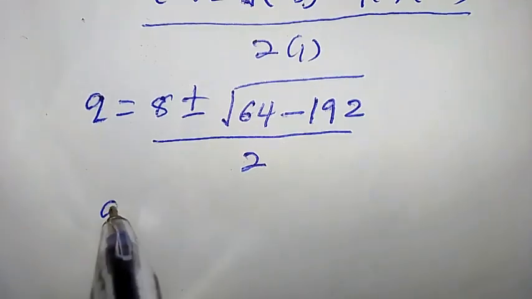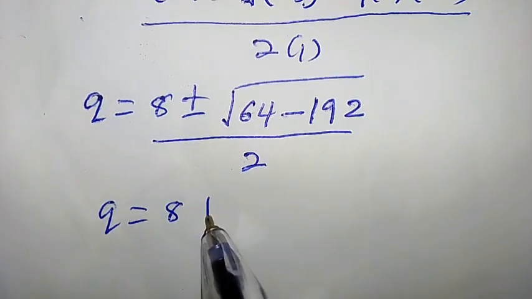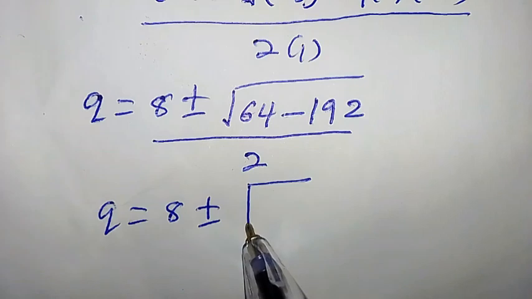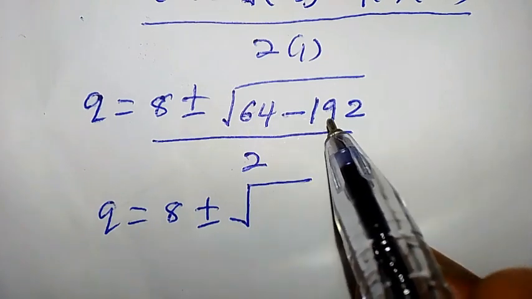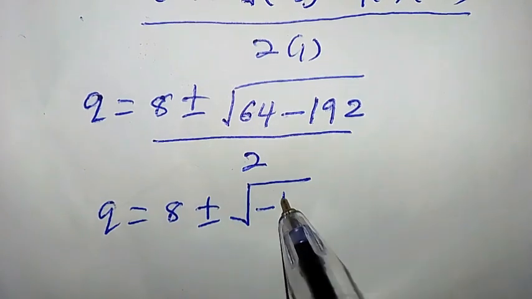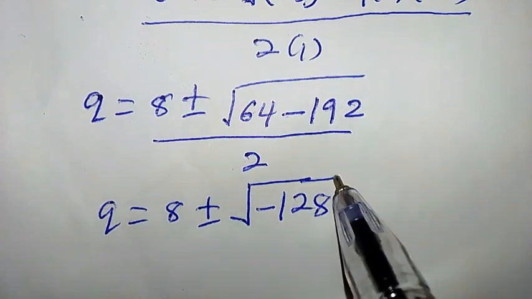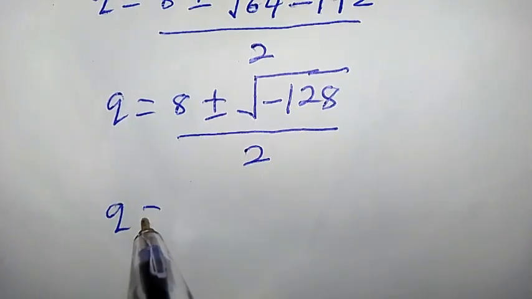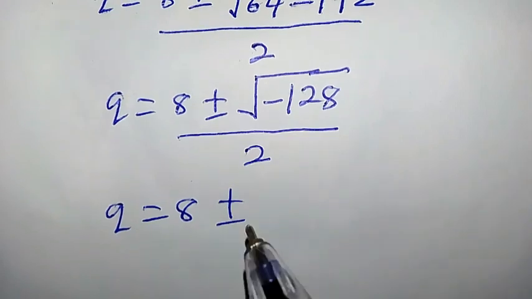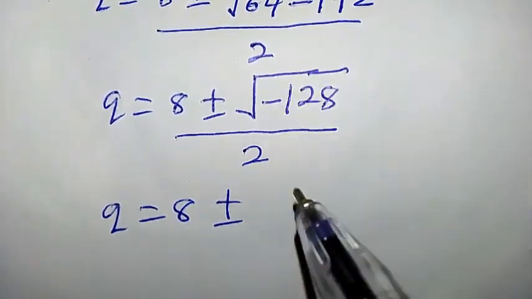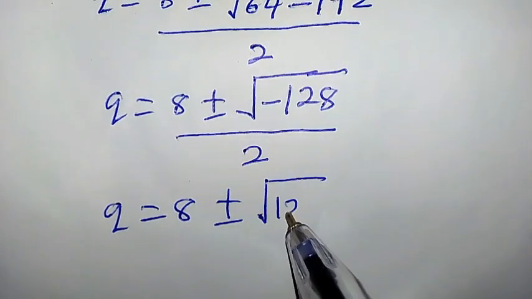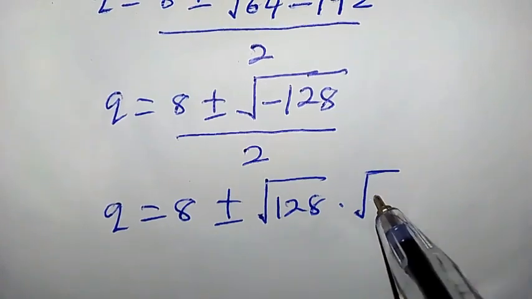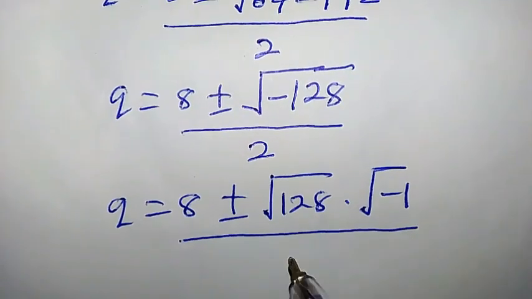So we have Q equal to 8 plus or minus square root of 64 minus 192 is negative 128, all over 2. Let's proceed further. Q equal to 8 plus or minus, we can rewrite this as square root of 128 times square root of negative 1, over 2.